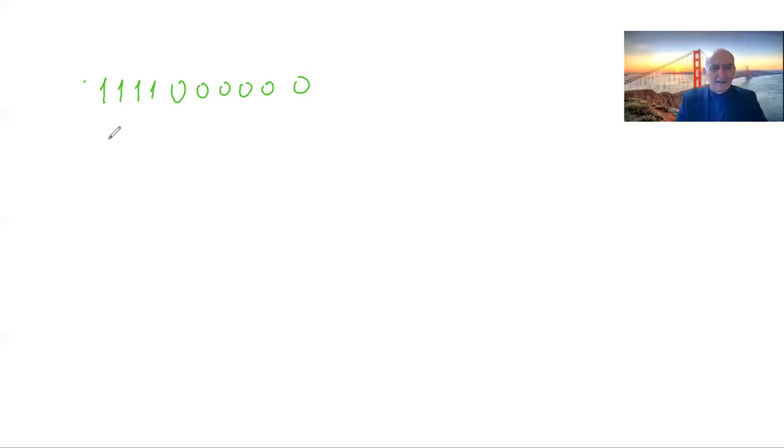So we can number these slots 1, 2, 3, 4, 5, 6, 7, 8, 9, and 10. This is the length of the string, and we know that here are exactly 4 ones.